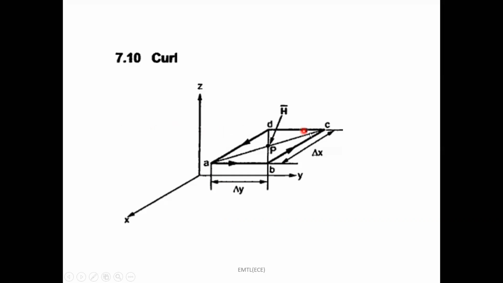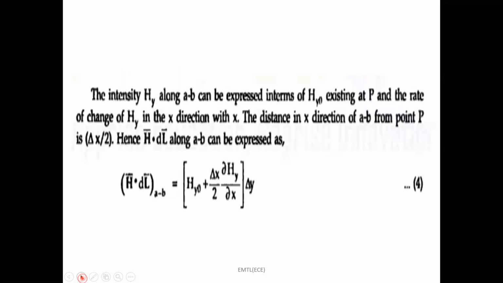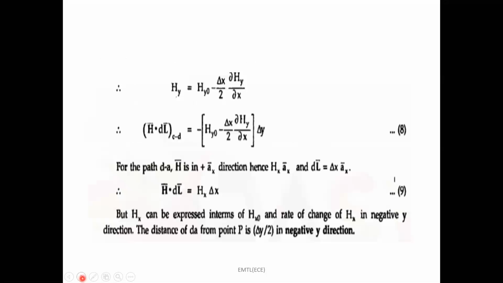It is clearly observed that the current moves towards the negative side of the y direction. Here, the direction of the current moves towards the positive y direction. So that is the main point you have to remember, that is why for the expression for H bar C to D, we have to write a minus.